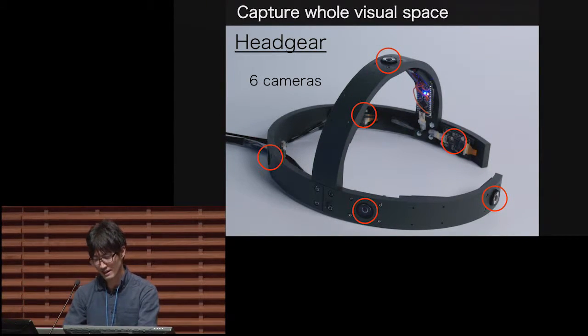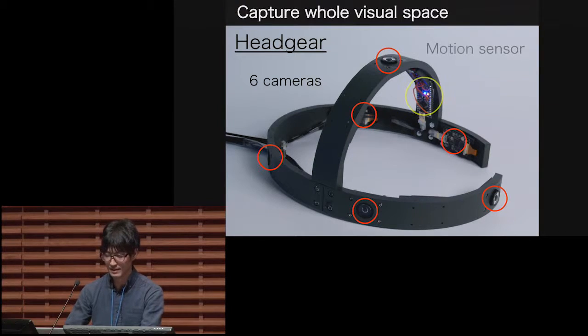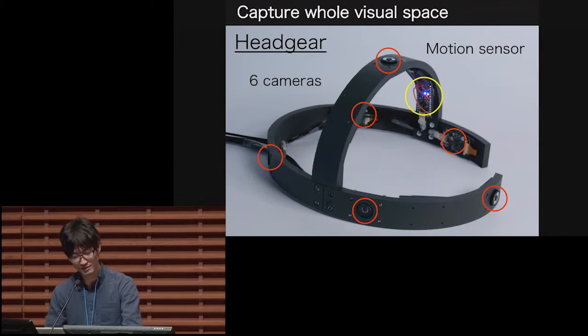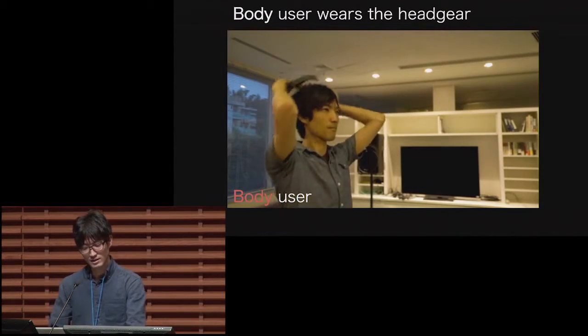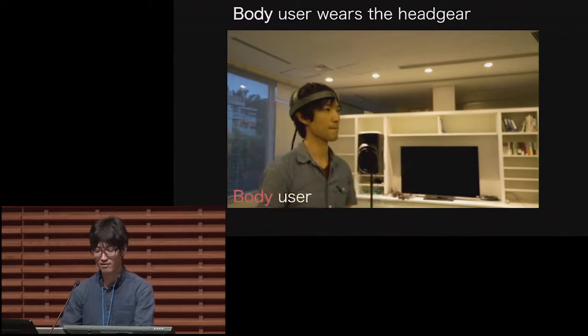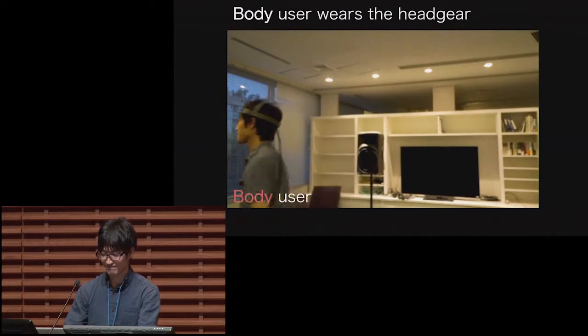Each camera is directed towards the outside to capture the 4π visual space. And Headgear also has a motion sensor to capture the body's head motion. This is used when decoupling head motion from the view. So the body wears Headgear when collaborating with the ghost.